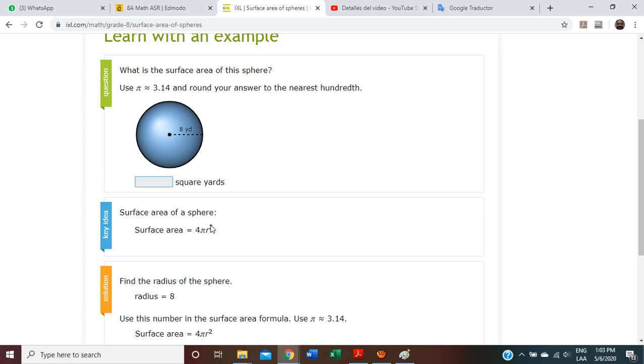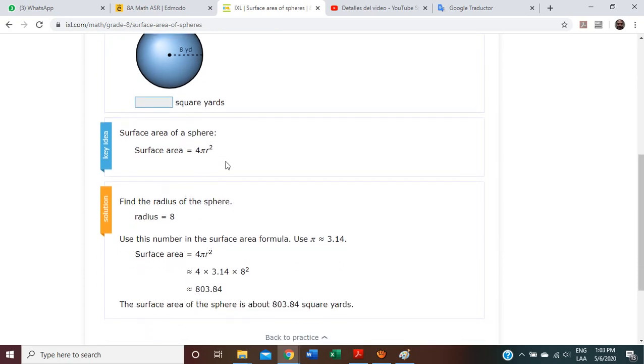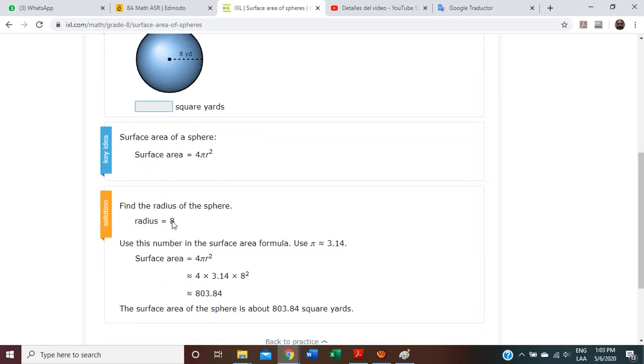Remember, the order of operations says that exponents have priority over addition, subtraction, multiplication, and division, over all these arithmetic operations. So first we need to solve r squared. What is r? r is the radius. So the radius equals 8.